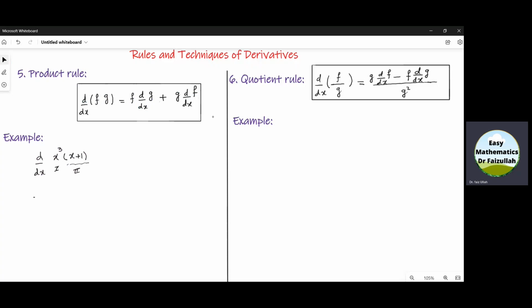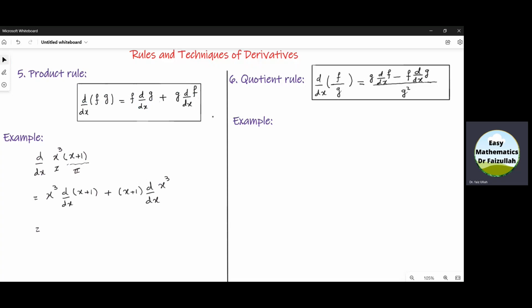Then according to the product rule, we shall write the first function as it is, and we shall differentiate the second function, which is x plus 1. Then plus, let us write the second function as it is and differentiate the first function x cube.